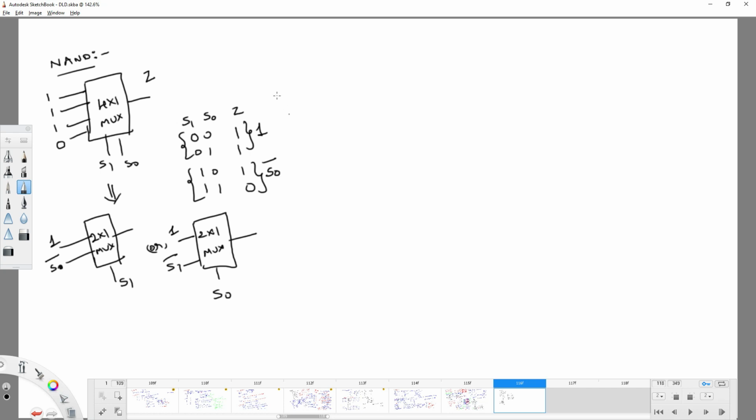So for the coming class, what can you do now? You can construct NOR, XOR as well as XNOR multiplexers in terms of 4x1 mux as well as in terms of 2x1 mux. Can you construct? Okay, fine.